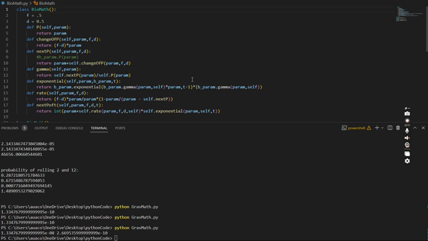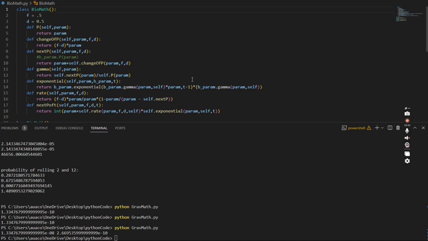Instead of just a linear relationship, it's empowers. It's population times population times population, t amount of times. So that's my explanation of exponential and how it's far greater than gamma, and it's more powerful with time.